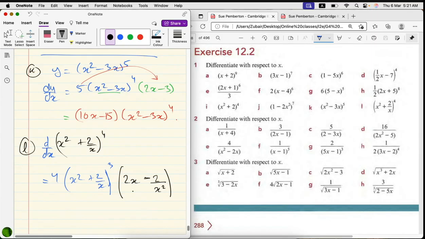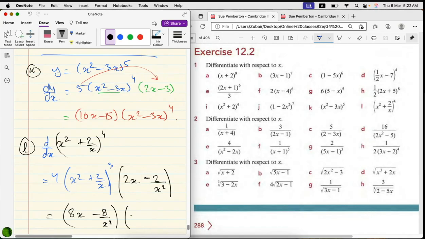Afterwards we multiply that with the 4. So that would be 4x minus 8 over x squared, and then multiply that with (x squared plus 2 over x) to the power of 3.